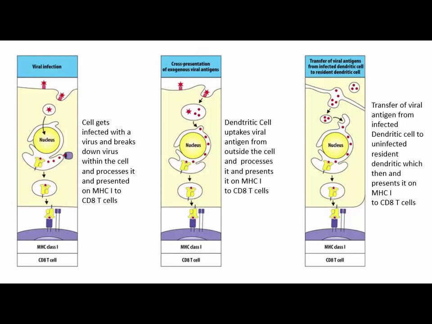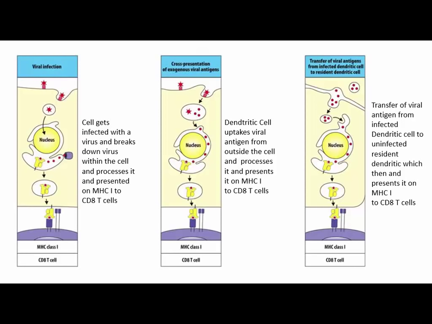The second and third are associated with dendritic cell antigen presentation, where the dendritic cell takes up viral antigen from outside the cell, processes it and presents it on MHC1. That's one way that it can be presented.